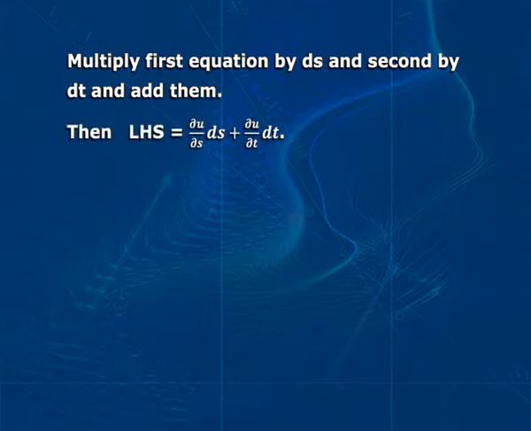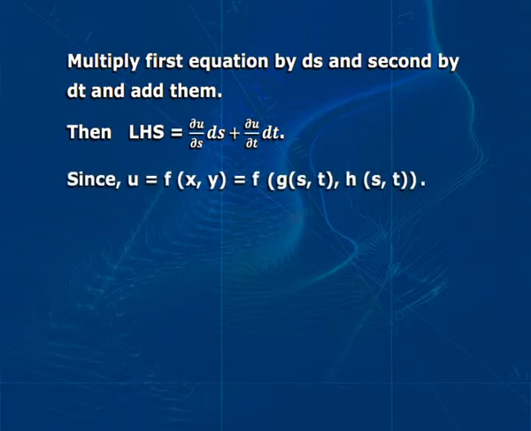Then the left hand side would be del u over del s ds plus del u over del t dt. Since u is equal to f of x, y, which is equal to f of g of s, t, h of s, t, we get du is equal to us ds plus ut dt.